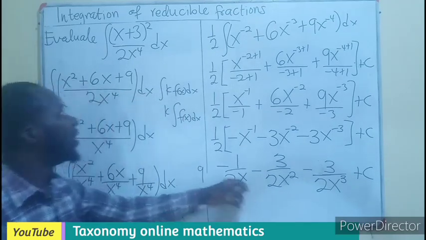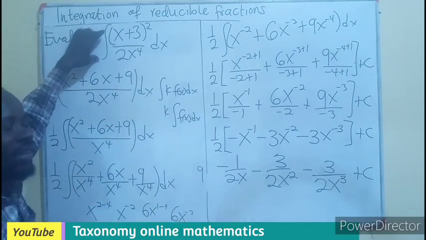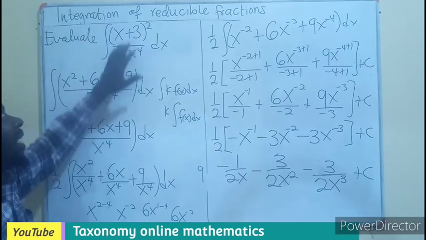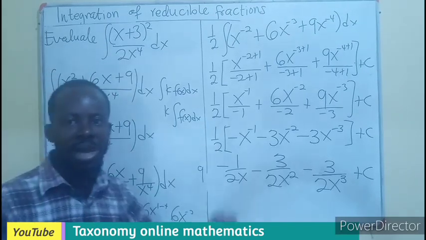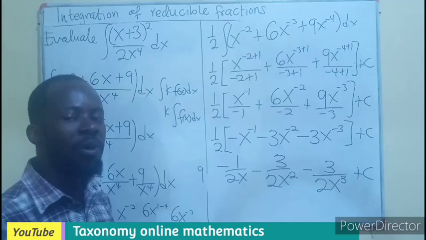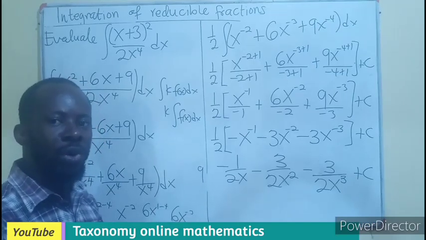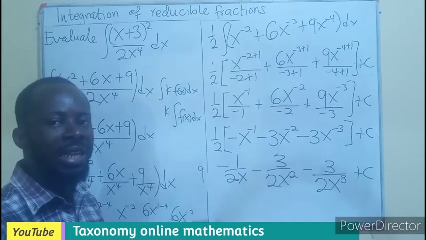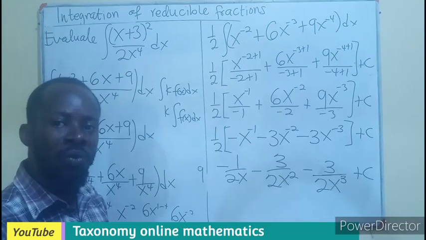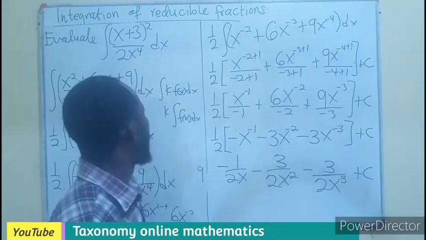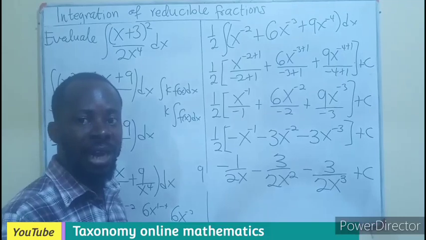So this is the evaluation of this integral. So under reducible fractions, we can also perform integration by reducing the fraction to a linear term, or simply put, a polynomial with a negative exponent. Okay, so I think this concept is clear.